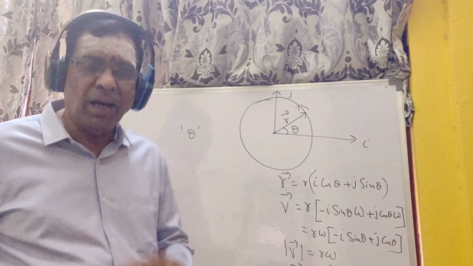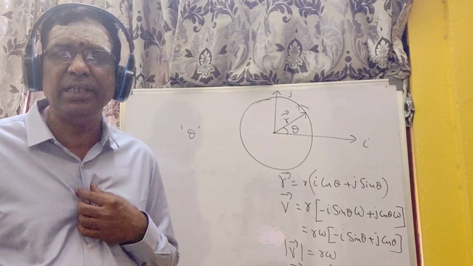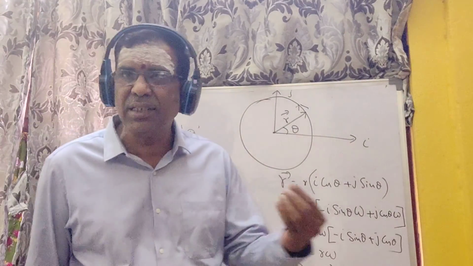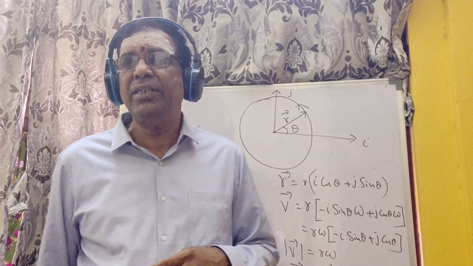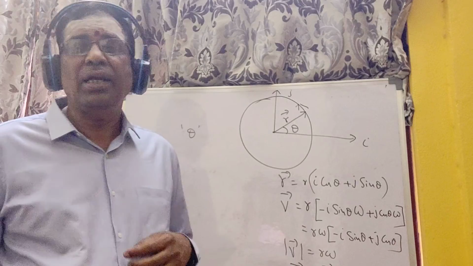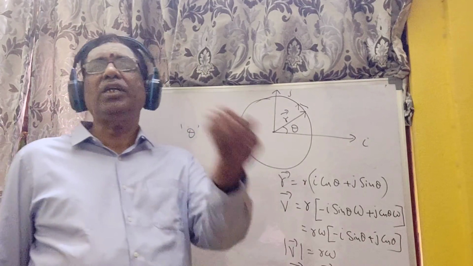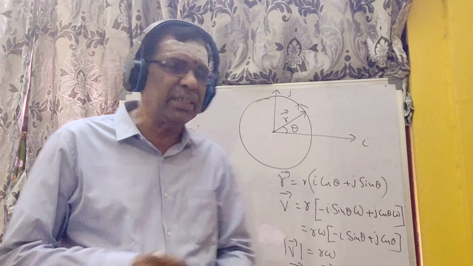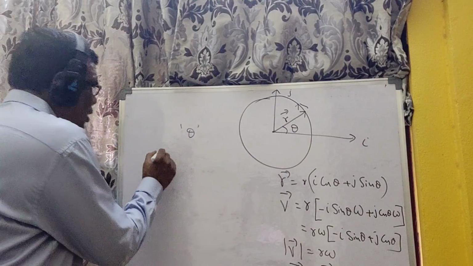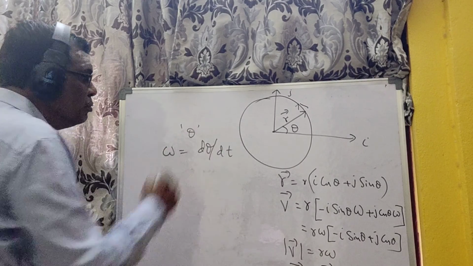Now, if you really think rationally, you should ask yourself: if finite theta is not a vector, how can finite omega be a vector? How can finite alpha be a vector? You know that omega and theta are related like this.